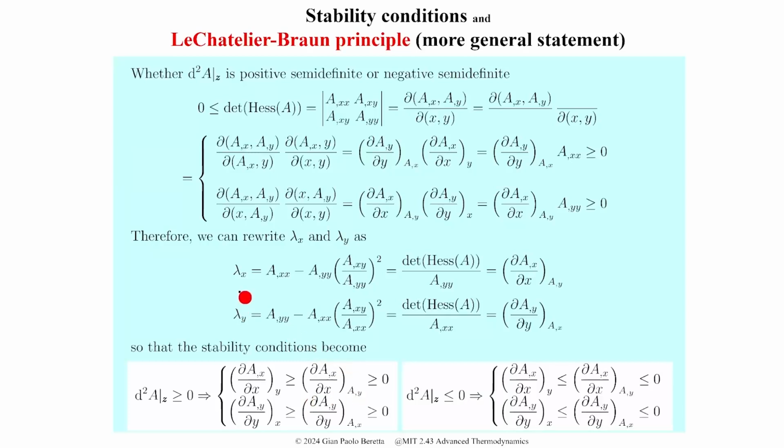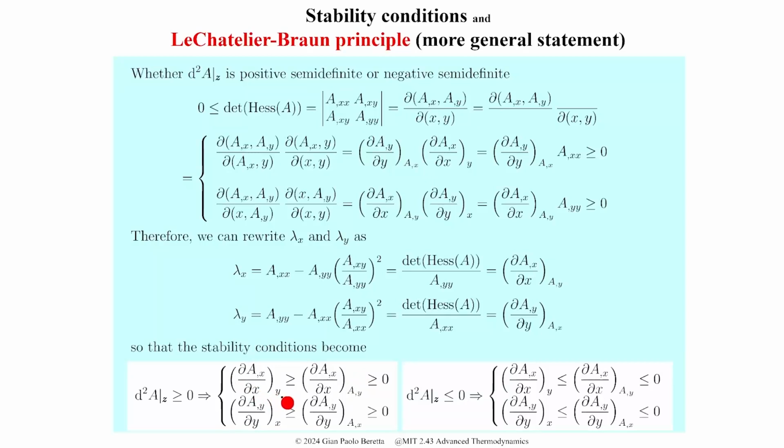The point is that by doing this math here that I want to skip, I prove that the lambdas can be written as partials of these potentials, so of the first derivative with respect to x, but not while keeping constant y, but while keeping constant the other potential conjugated to y.